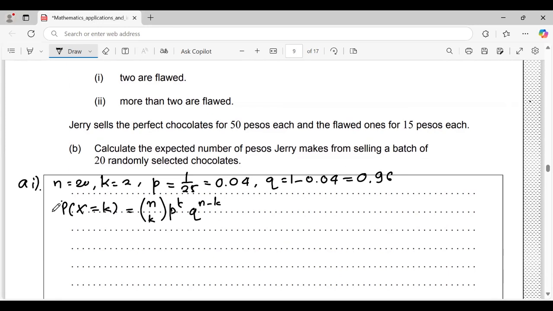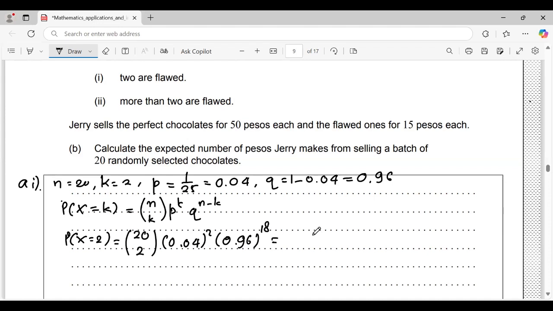So the probability of X equal to 2 is combination 20, 2, times p, 0.04 squared, times 0.96, this one, to the power 20 minus 2, which is 18.